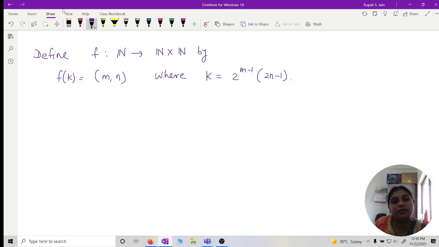Is that okay? This is a well defined map. Yes, ma'am. Now I want to show this is a bijective map.